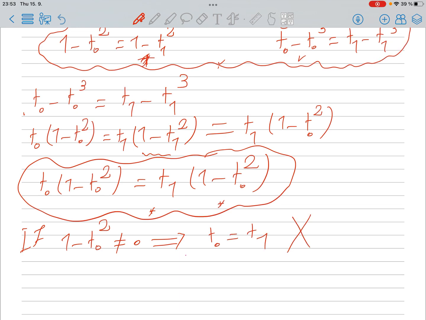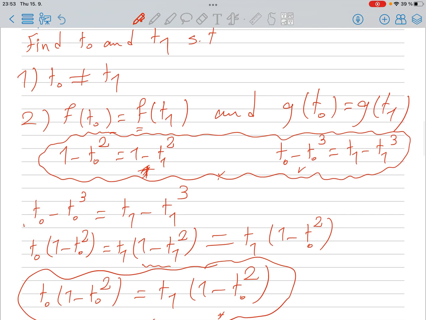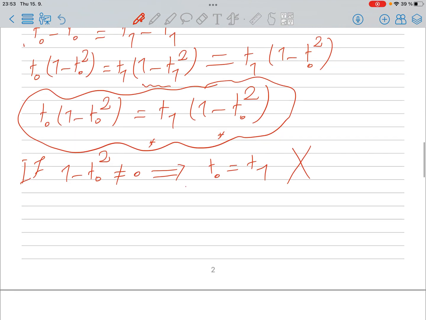But this is not what we wanted. Why? Because condition 1 says that t0 is not equal to t1. But if 1 minus t0 squared is equal to 0, then t0 squared is equal to 1, and this implies that t0 is equal to positive or negative 1.